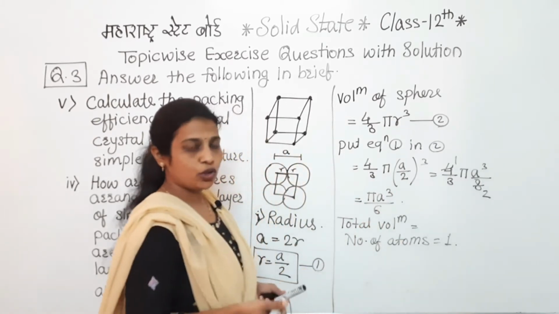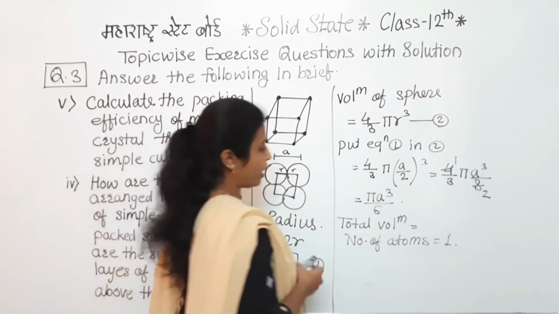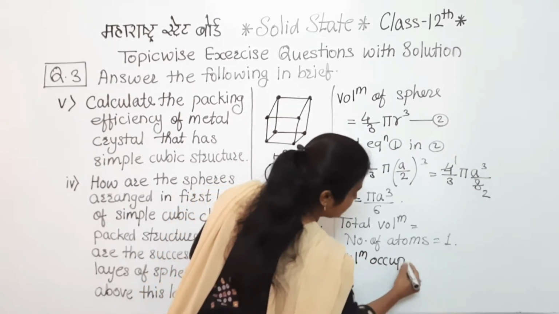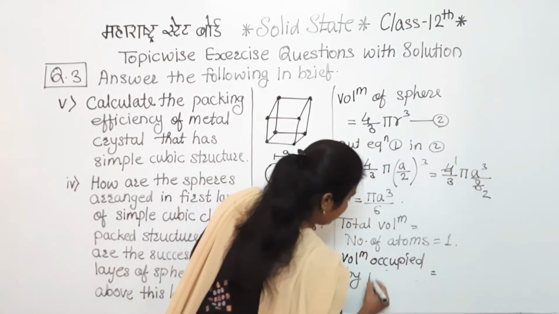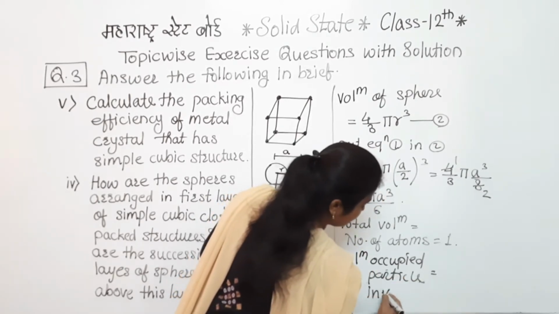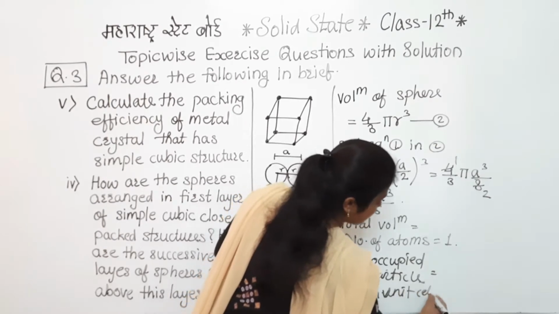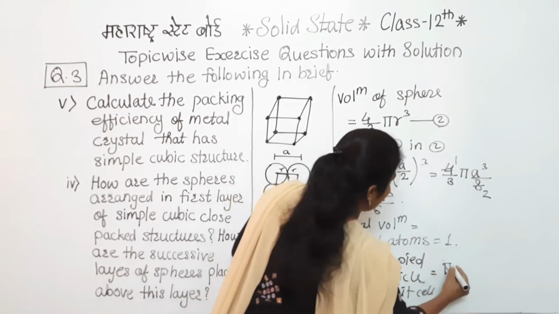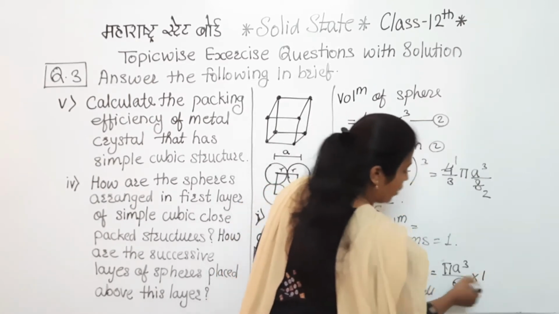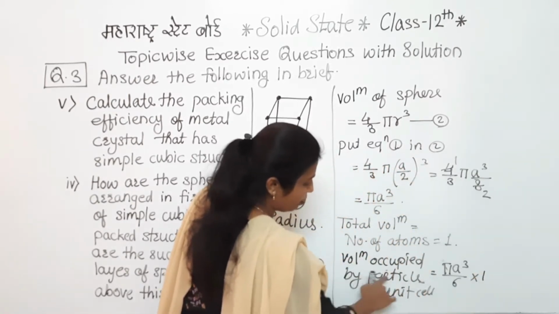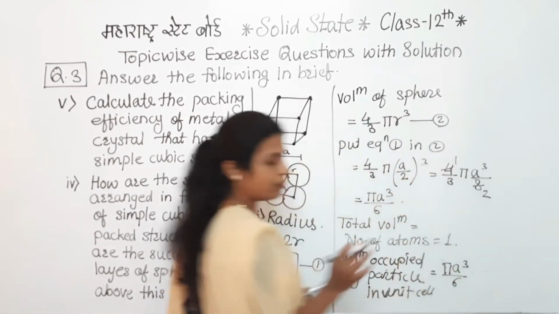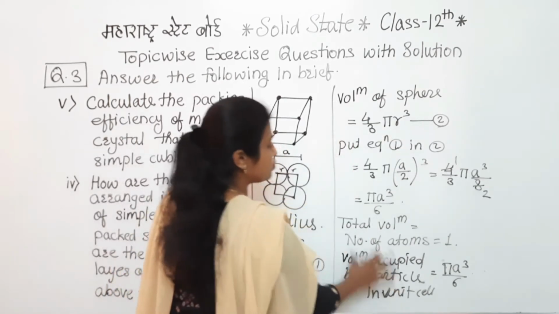So to calculate the volume occupied by the unit cell, we can write volume occupied by particle in unit cell is equal to pi a cube divided by 6 into number of atoms, which is 1. Means the volume occupied by particle in a unit cell is nothing but pi a cube divided by 6. Here all terms we have completed.